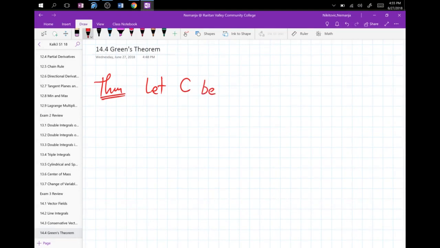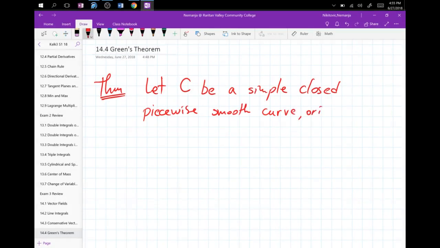So let curve C be a simple, closed, piecewise smooth curve oriented counterclockwise. So this is all just about the curve C. Now, that encloses the connected and simply connected region R. You remember all those 8 pictures from yesterday?